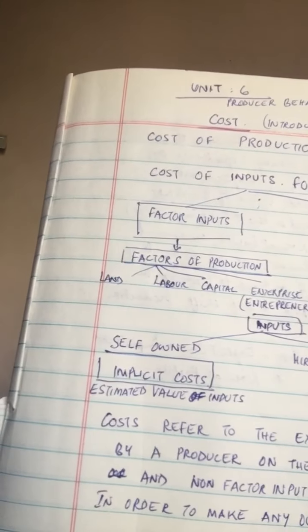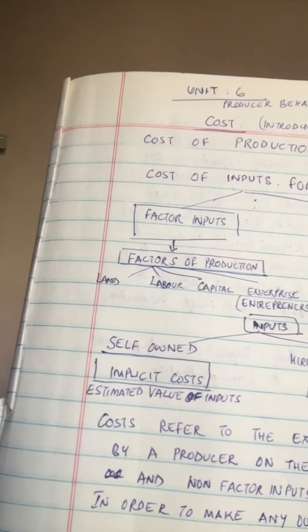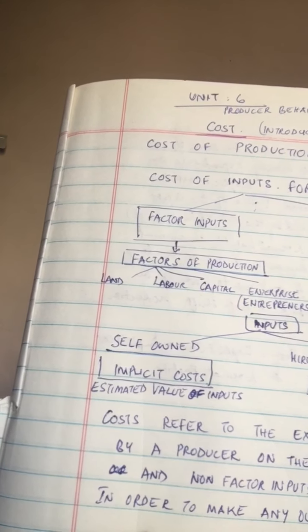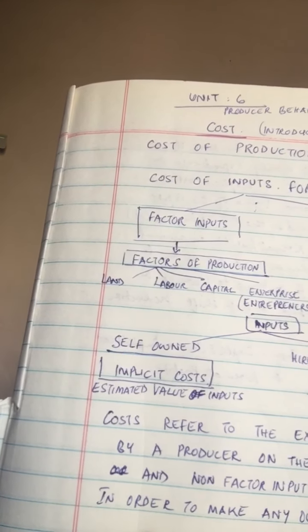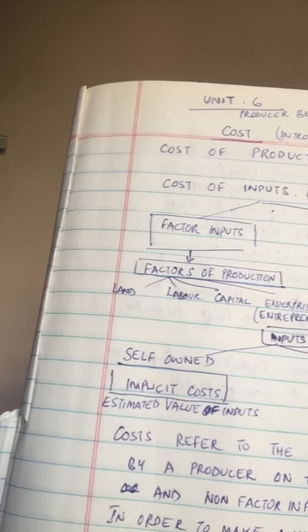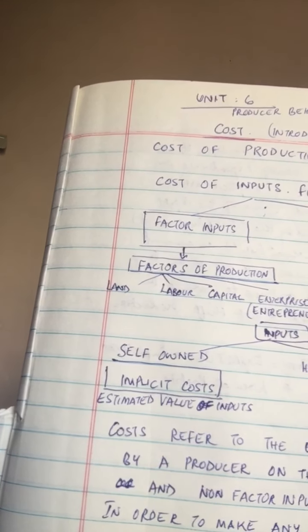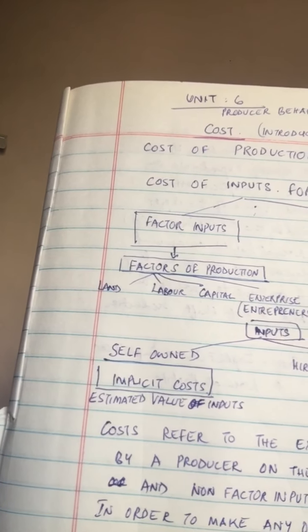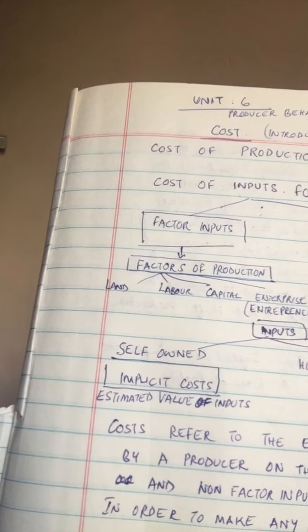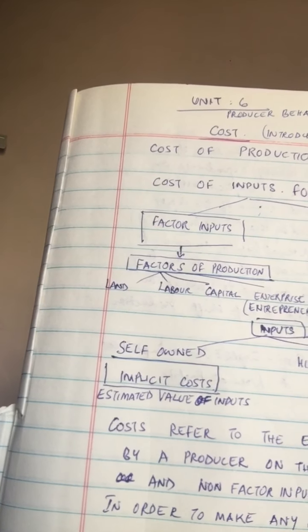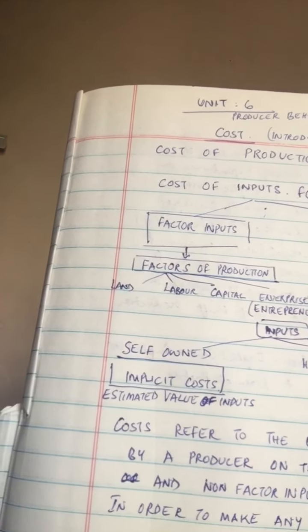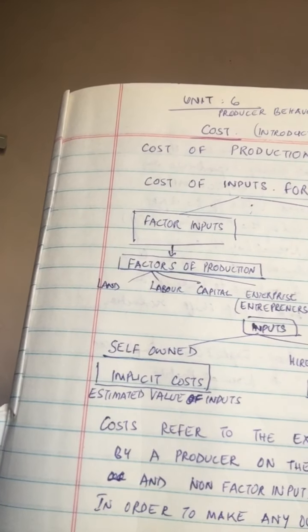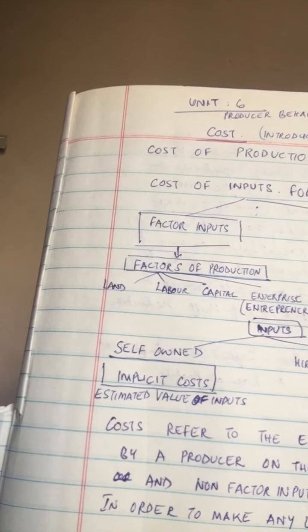So cost in economics is the sum of all expenditures on inputs, and it also includes a certain minimum profit. The direct expenditure means expenditure on actual purchases or hiring of inputs, which we have explained as explicit costs. The indirect expenditure refers to the estimated value of inputs provided by the owners.